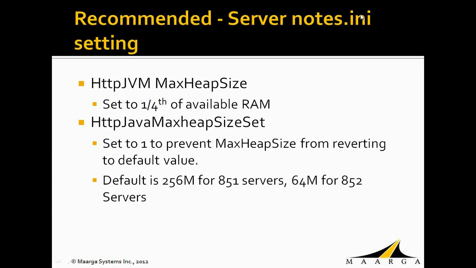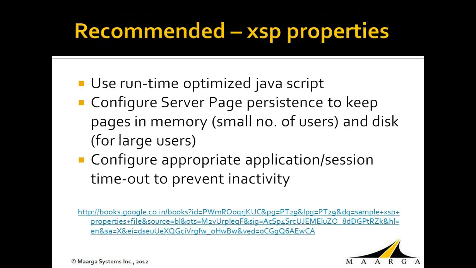And the other thing is the Xsp properties file. As you know, the Xsp properties can be set both at the server level and at the application level. What we set at the server level applies globally to all the applications present on the server, whereas what is applied at the application level is specific only to the application where it is applied.